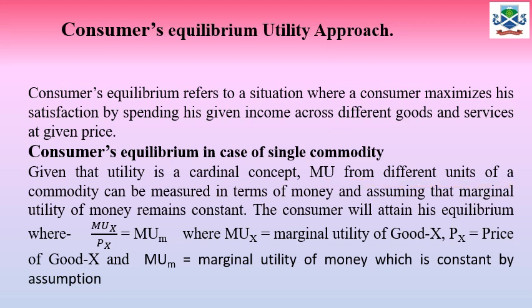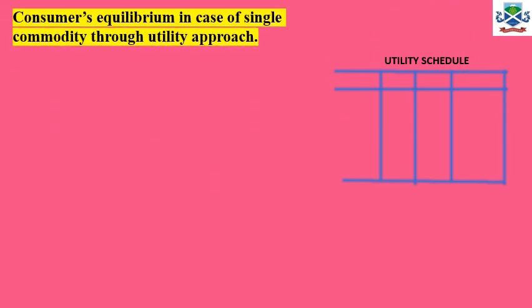Now based on that we'll explain this with the help of a schedule and diagram, and let's move to the next slide. We assume here that the marginal utility of money is 2 utils and the price of commodity X is 10 per unit.